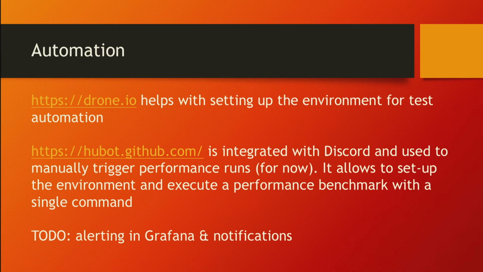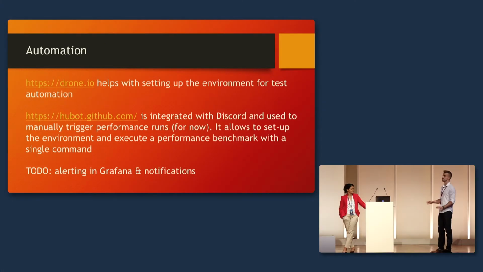Just a few words about automation from me. Who doesn't like automation? We want to do as many things automatically as possible. So we leverage Drone, a CI/CD tool, for setting up the environment for test purposes.